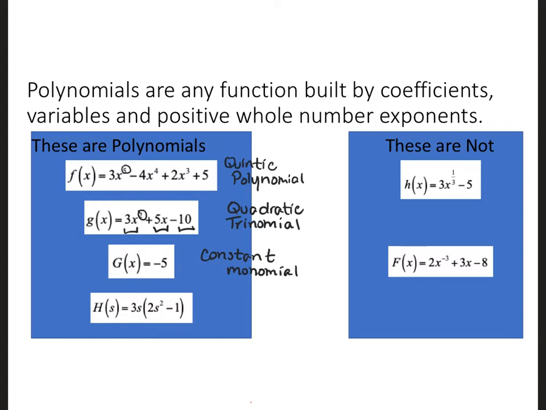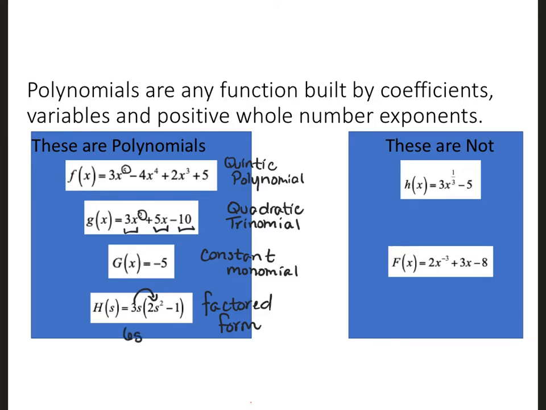And my last example of a polynomial is this h of s function. Just worth mentioning that the variables don't really matter as long as we're talking single variable. This is currently in factored form, but if I wanted to put it in standard form, I could multiply it back out.